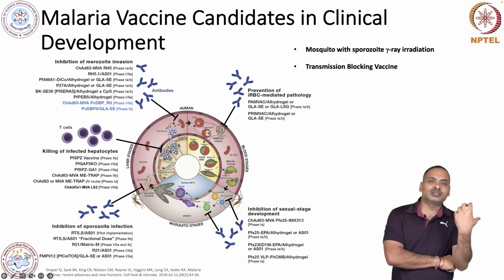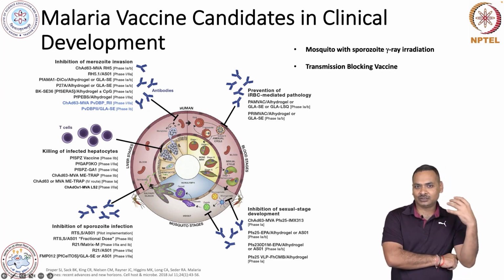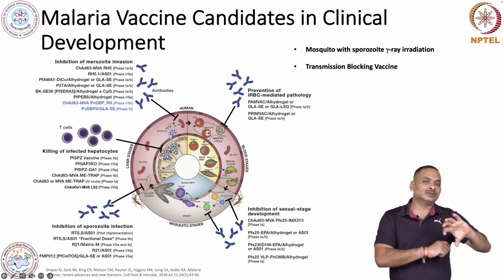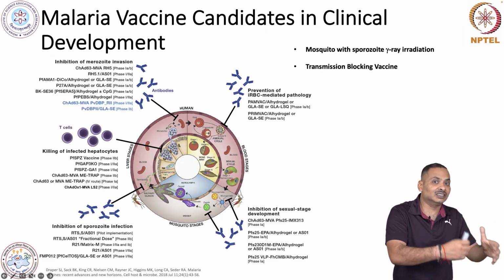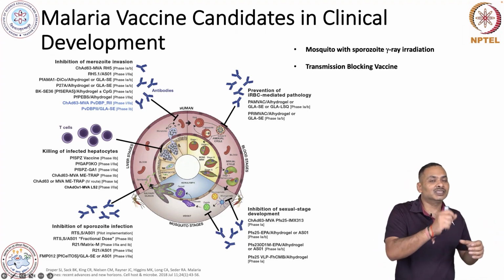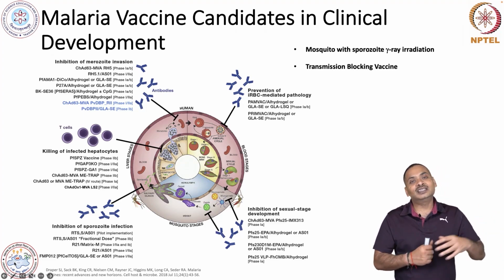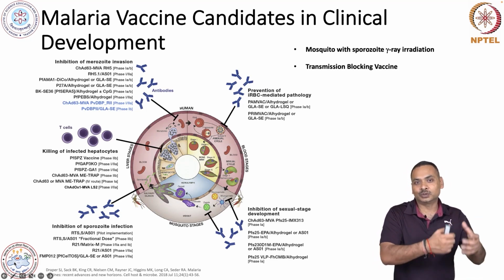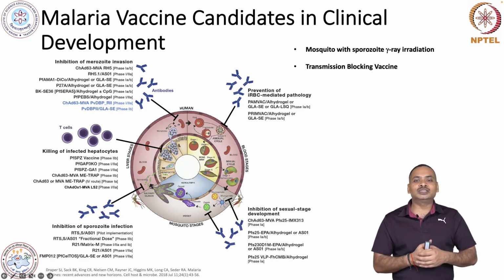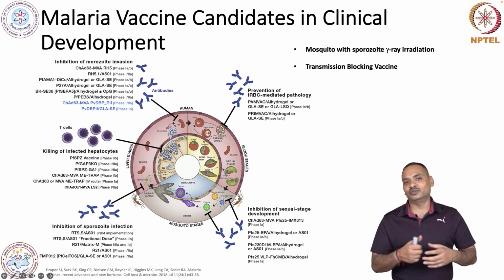This antibody will remain in the mosquito gut and will be effective. Once the stage comes in the mosquito and that antigen is expressed, then these antibodies can interact and neutralize those parasites. So this is the concept of the transmission blocking vaccine.